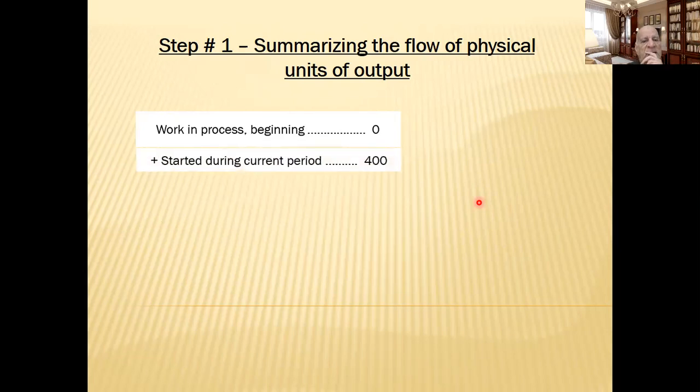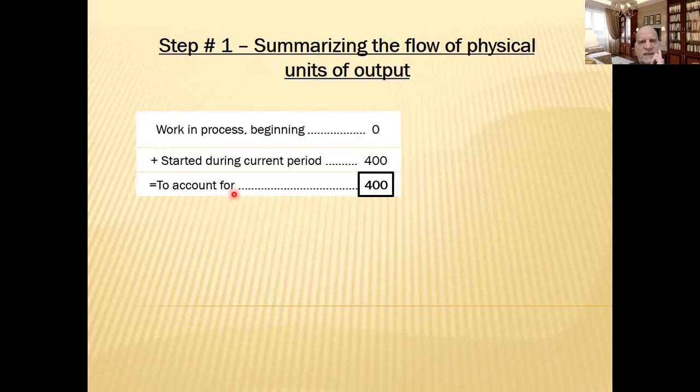Plus started units during current period, which were 400. So the total units under processing during the period amounts to 400. And this is called units to account for.